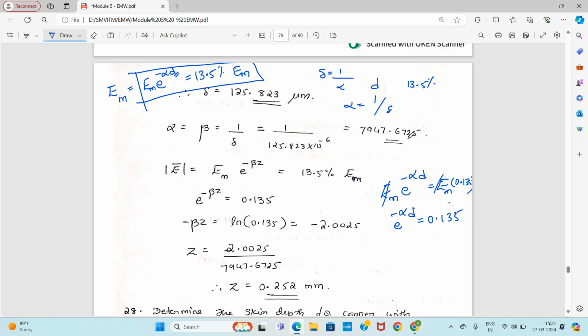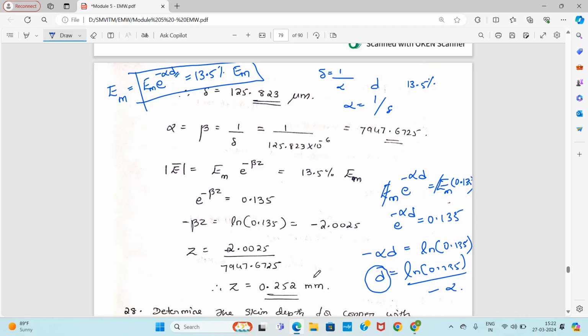Alpha you can calculate as 1 by delta. You'll get some value there. Now you take natural log on both sides. I'll get minus alpha d is equal to natural log of 0.135. So the distance or depth will be natural log of 0.135 divided by minus alpha. By substitution and simplification, you will get the distance or the depth.